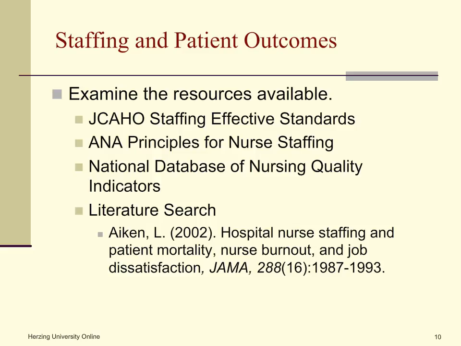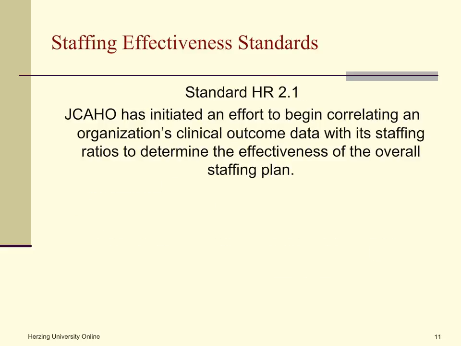Several associations provide guides to effective staffing, such as the Joint Commission, the American Nurses Association, and the National Database for Nursing Quality Indicators. These associations and others provide guidelines for better staffing and patient outcomes.